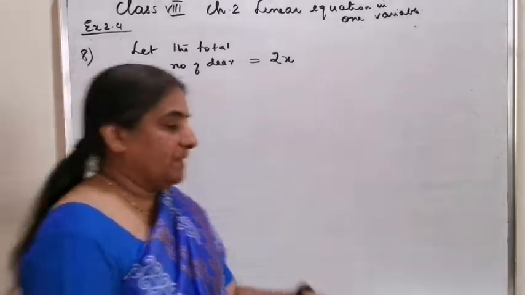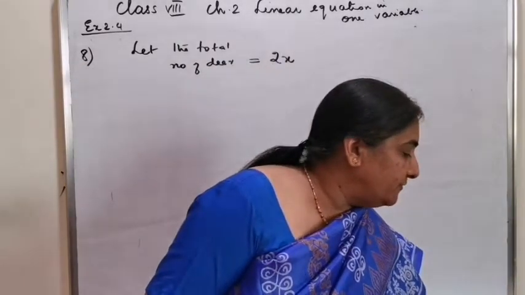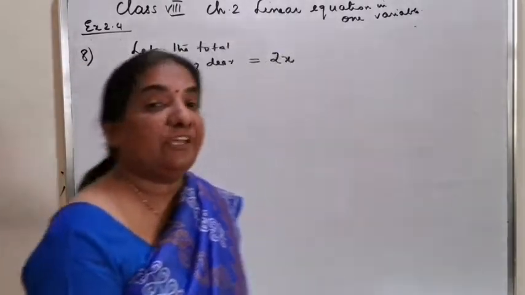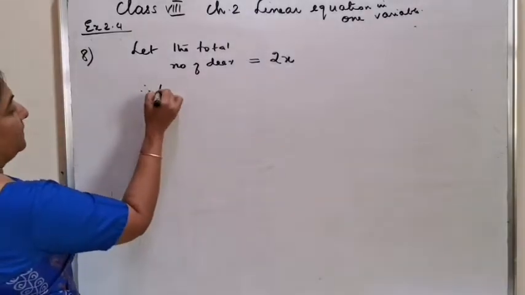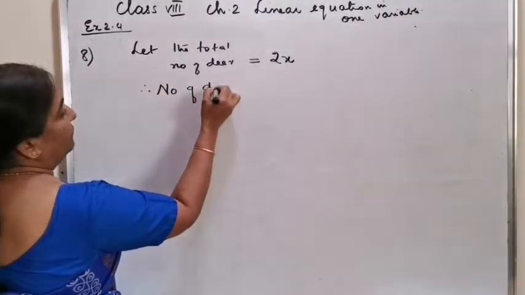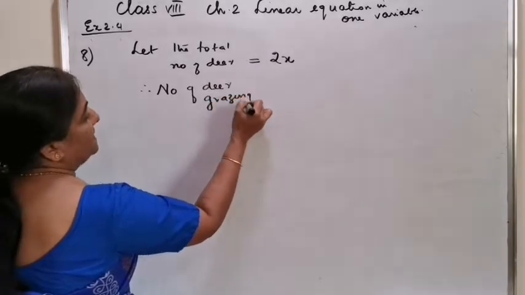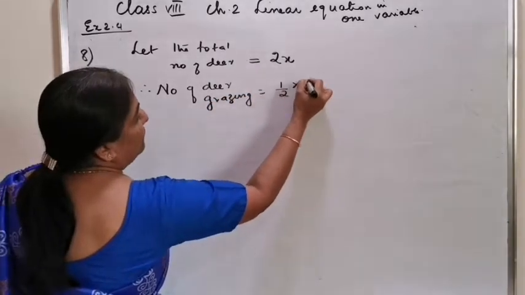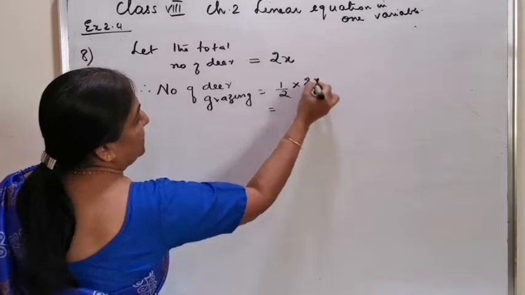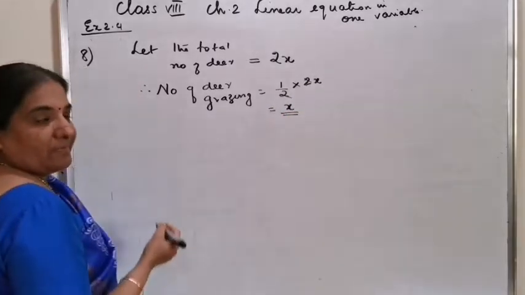And now, half of the herd of deer are grazing in the field. Therefore, number of deer grazing is half of 2x, which is equal to x.